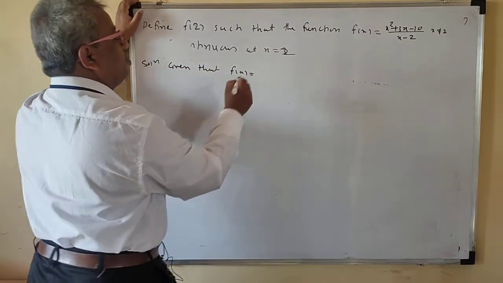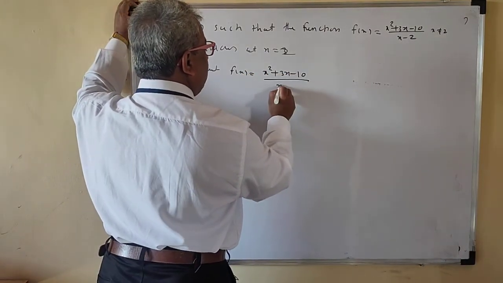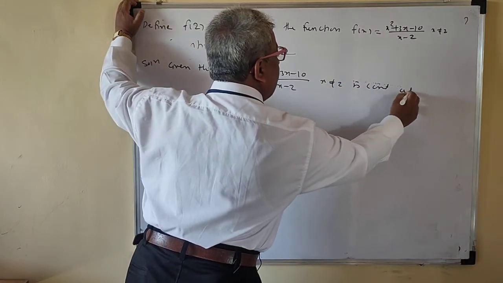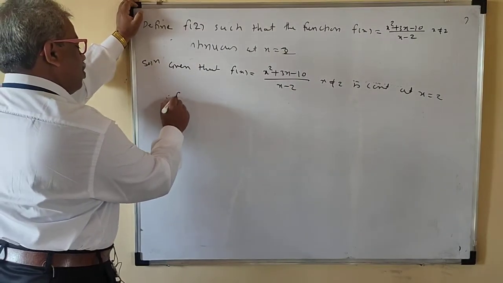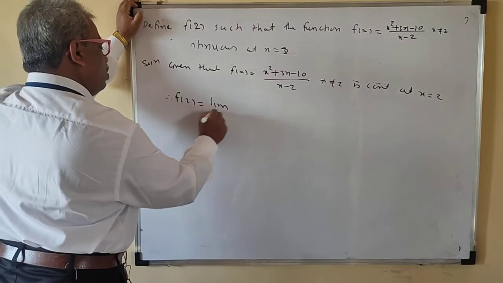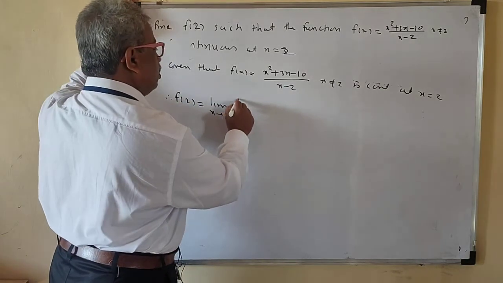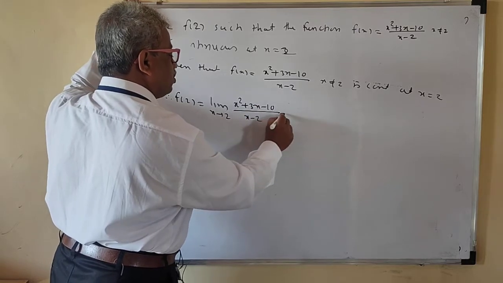Given that f of x is equal to (x square plus 3x minus 10) upon (x minus 2), x not equal to 2, is continuous at x is equal to 2. Therefore f of 2 is equal to limit x tends to 2 of (x square plus 3x minus 10) upon (x minus 2).